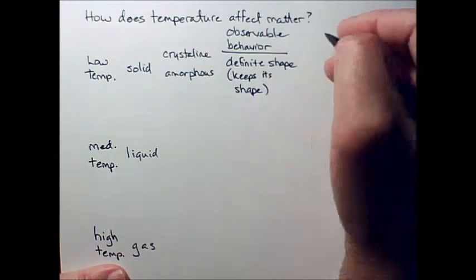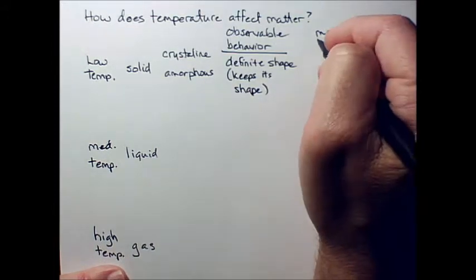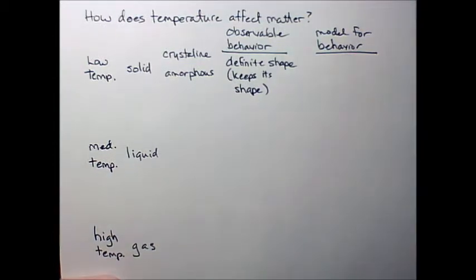Now, what is the model for that behavior? That the molecules are compact in a shape. Okay. Is it enough to be compact? Suppose I compact them way down, but they're still moving around each other. Is that a solid? Yeah, they're sliding.